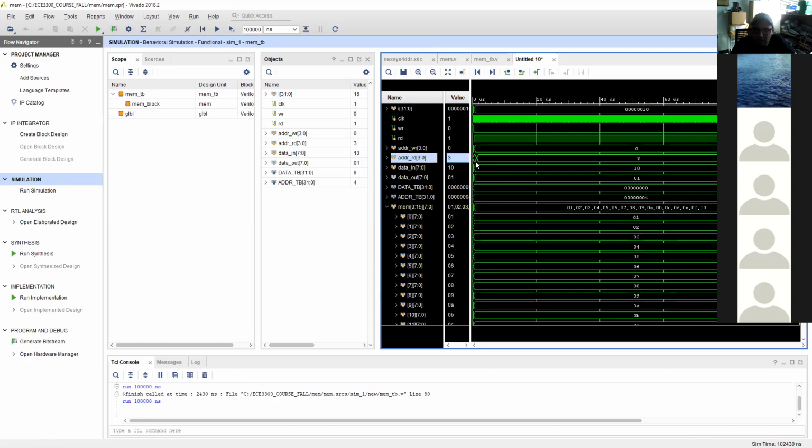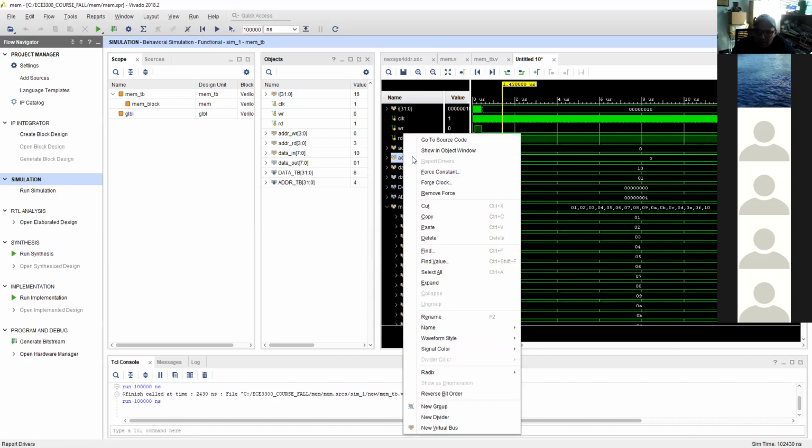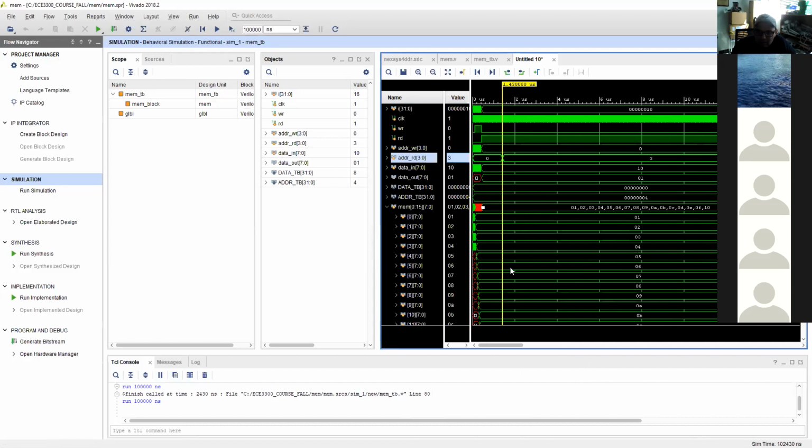See, address read here became what? Number 3. In that case, when number 3 came, data out didn't change. Have you noticed that? Are you following me, guys? Have you noticed data out didn't change?